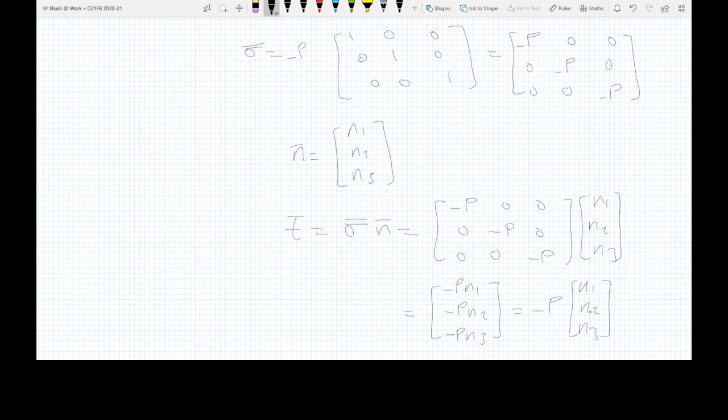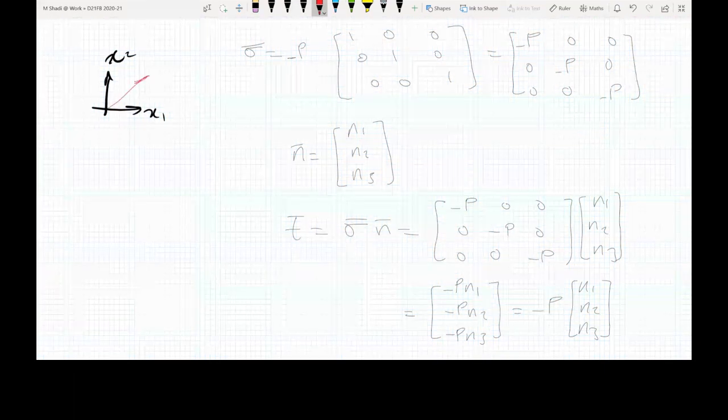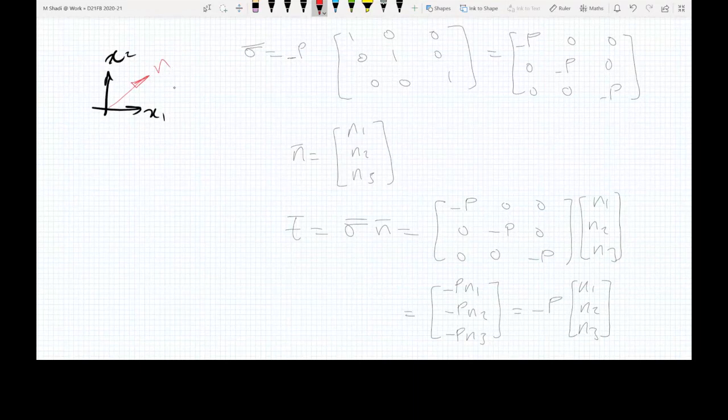All right, so let us assume that this is N1. I'm just going to draw a coordinate system, x, and let us assume that this is just happening in 2D, just to be able to visualize it. And assume that this is n, the general n.